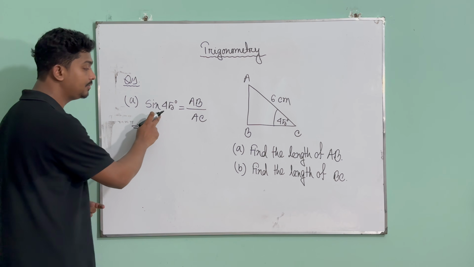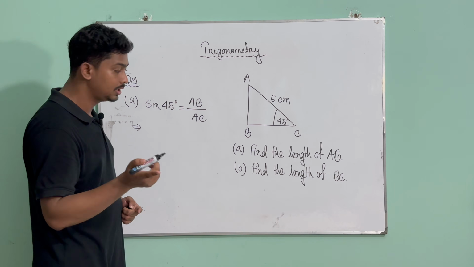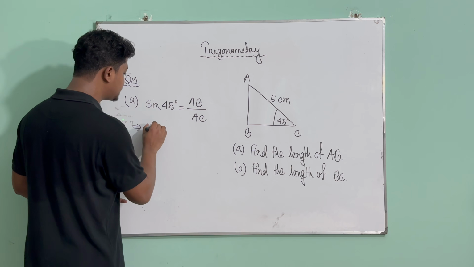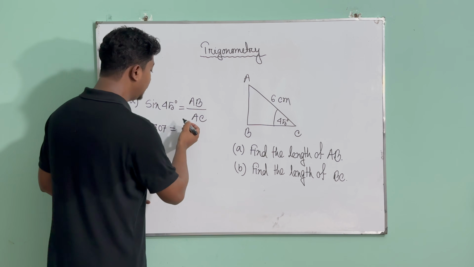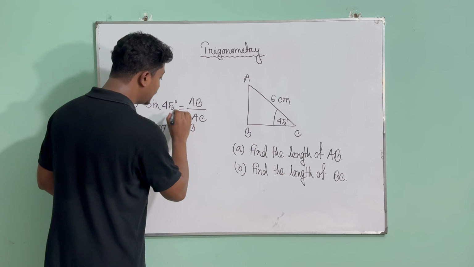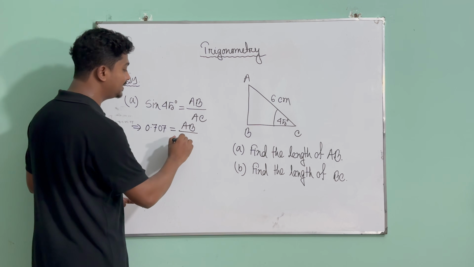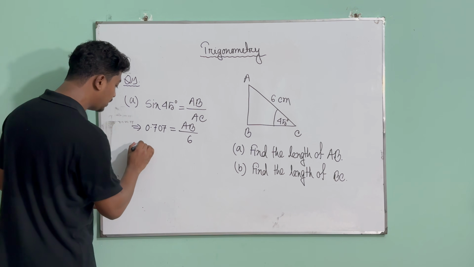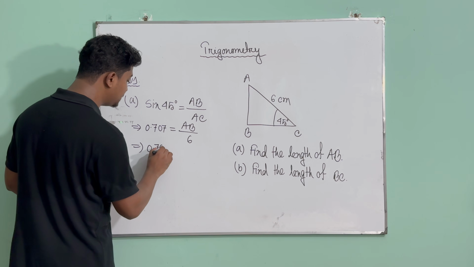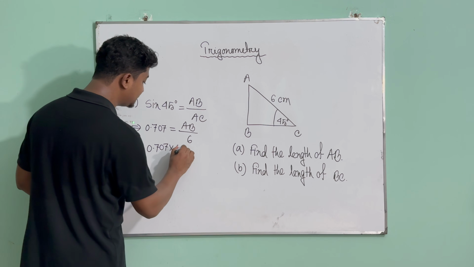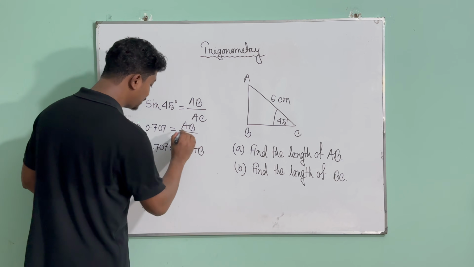Now the value of sine 45, if you put it in your calculator, you're going to get 0.707, equals AB over AC. We don't have AB, we are asked to find AB. So what is the value of AC given? 6. So 6 comes to the left side and it will be multiplied. So 0.707 multiplied by 6 equals AB. Let's switch things.